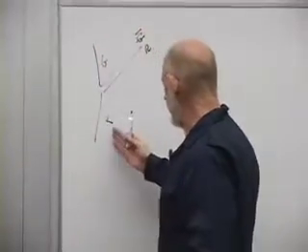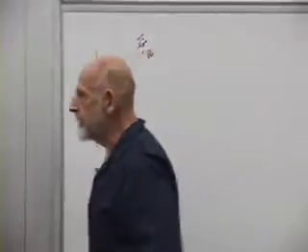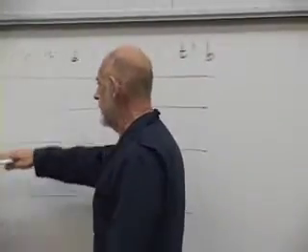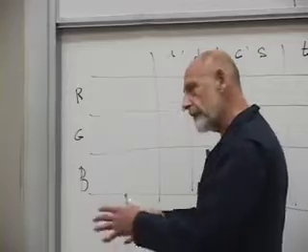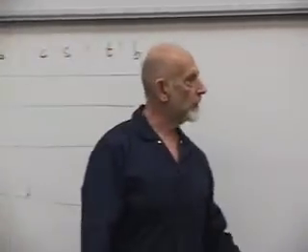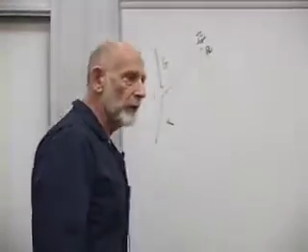This transformation from red to green is simply one of the generators of SU3. So the generators of SU3, the transformations, are in one-to-one correspondence with the emission of a gluon.